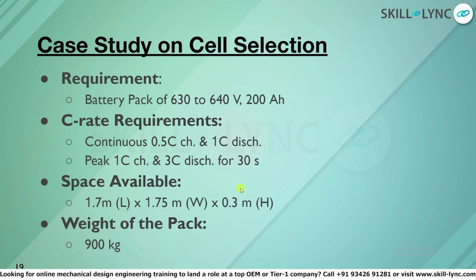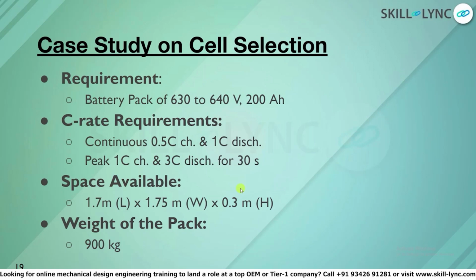Charging the 200 Ah pack with 100 amperes takes 2 hours. If you charge at 1C, which is 1 times 200, that is 200 amperes, and it takes 1 hour. So if you charge at 0.5C it takes 2 hours, and if you discharge at 200 amperes it is discharged in 1 hour.